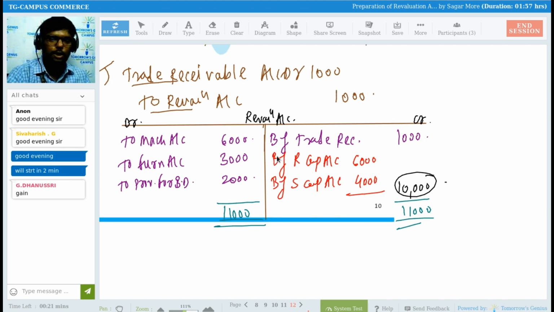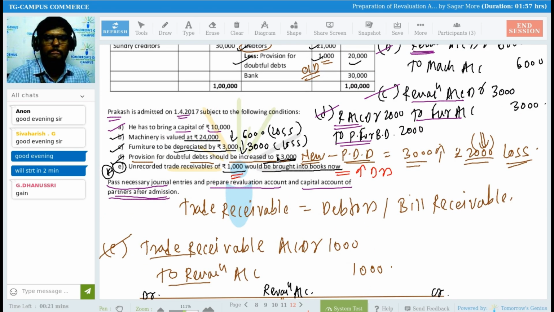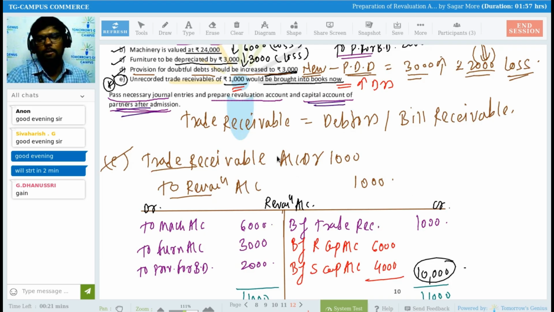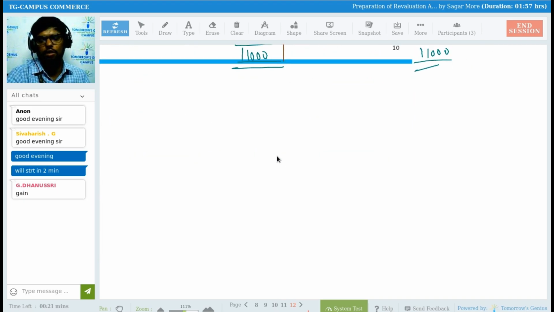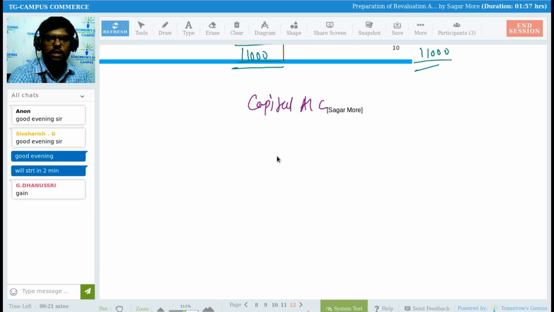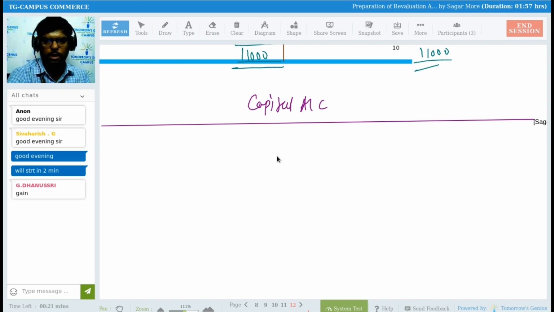But sir, they asked me to prepare the capital account as well, right? So I'm preparing the capital account. Please help me in the preparation of the capital account. Now listen carefully. When you are preparing the capital account, you have to prepare a column for all partners, including that new partner.